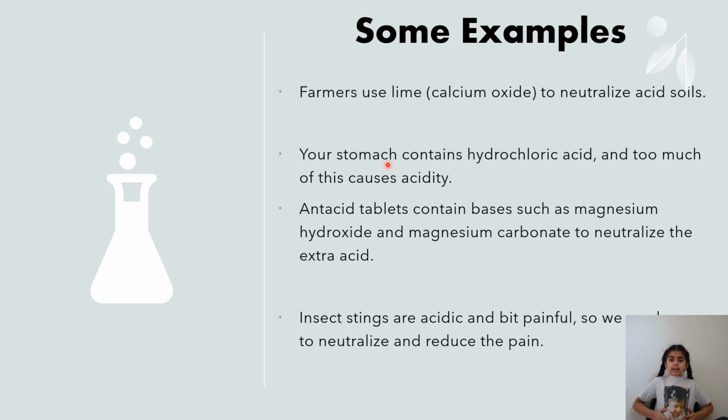Your stomach contains hydrochloric acid that breaks down the food you eat. Too much of this acid causes acidity. That is why we need to maintain our hydrochloric acid. Antacid tablets contain bases such as magnesium hydroxide and magnesium carbonate to neutralize the extra acid.